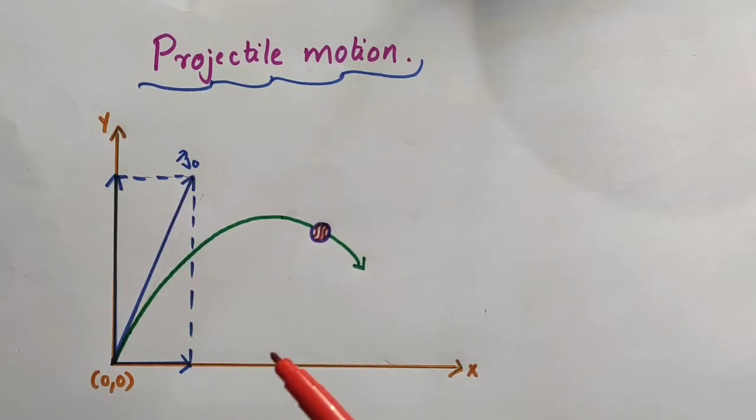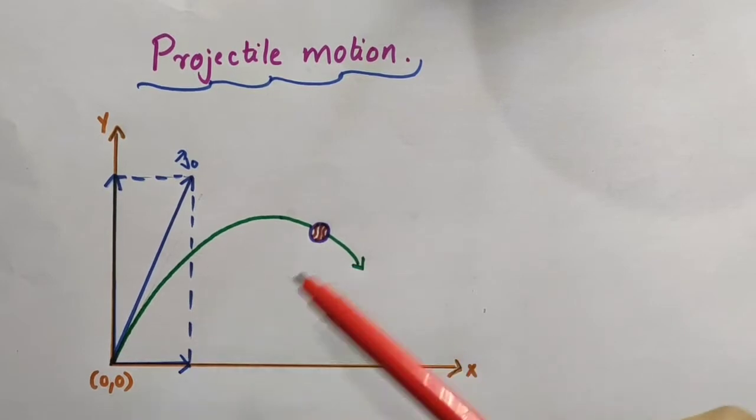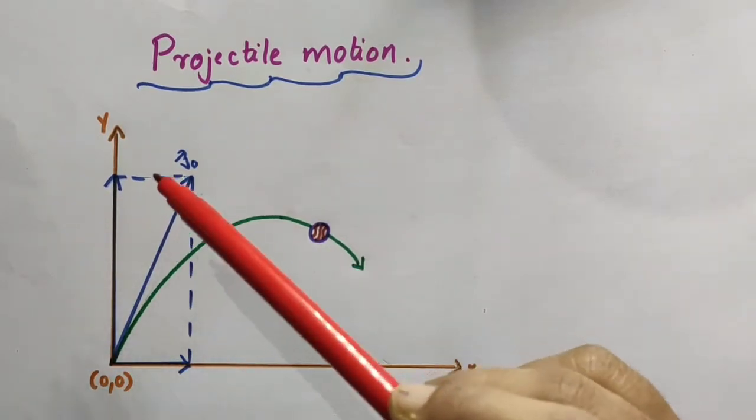Suppose that the projectile or a cricket ball is launched with an initial velocity vector v0.